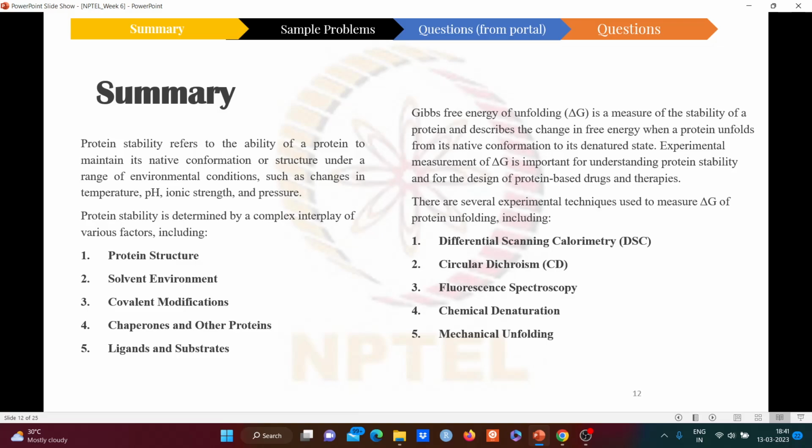So can anyone mention what are the agents that are used for protein denaturation? I'm repeating the question. In chemical denaturation studies or thermal denaturation studies, what are the agents that are used to observe the unfolding pattern of a protein or to study the unfolding?